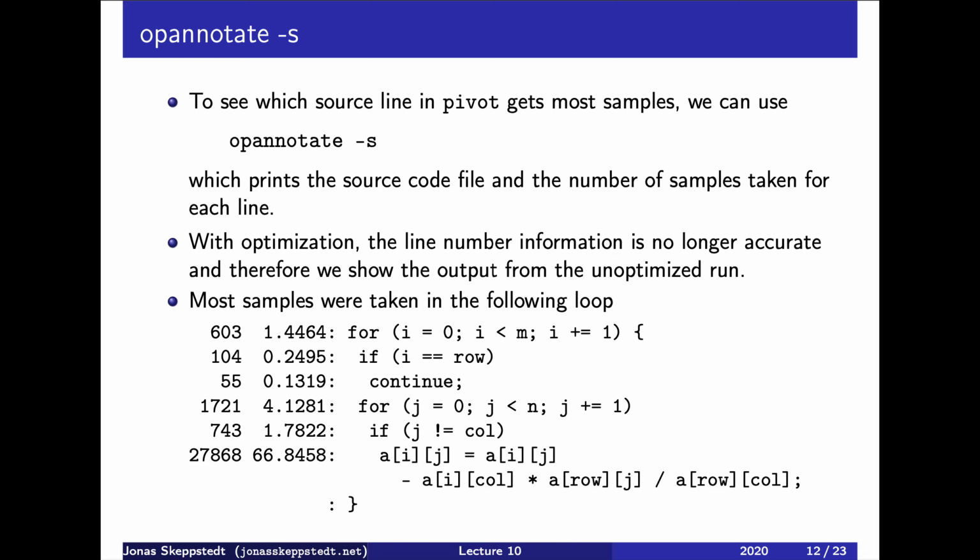Optimization can make these measurements a bit weird, since code from different statements are interleaved, and it can therefore be much more preferable to use op annotate if we don't optimize. So the code will make more sense. I mean, the numbers here will make more sense.